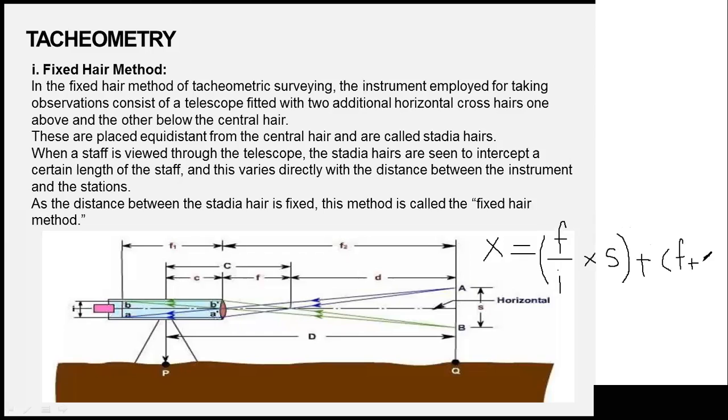This is the basic formula used in tachometry. This formula can be modified later, but you will get the numerical based on this formula in your exam. So the distance is equal to f by i into s, plus f plus c. Recently, just 5 minutes before, we solved one numerical, the one we gave for practice, and by using this formula we can solve that numerical also.